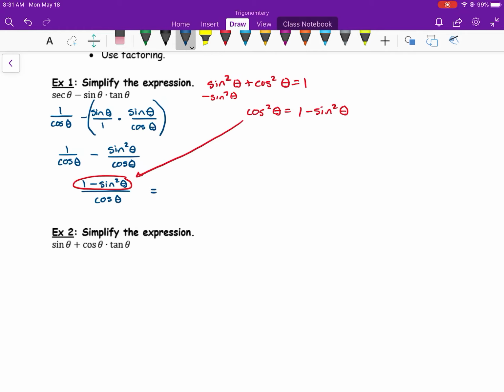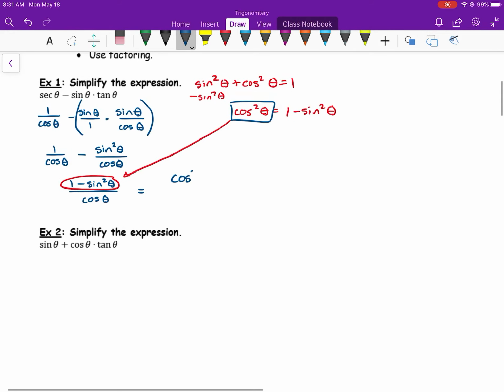So next, I'm going to replace 1 minus sine squared of theta with cosine squared of theta over cosine of theta. Nice thing is, cosine cancels out, one of them on the top and the bottom, completely. So you get left with cosine of theta. That is how we simplify, ladies and gentlemen.